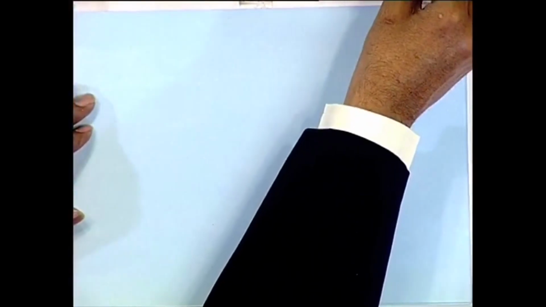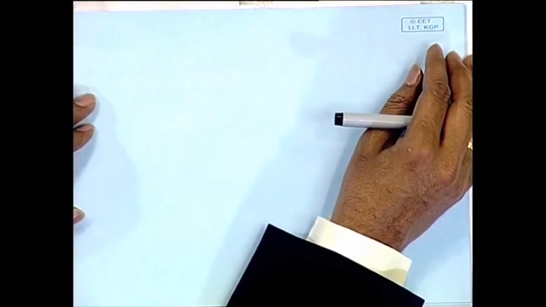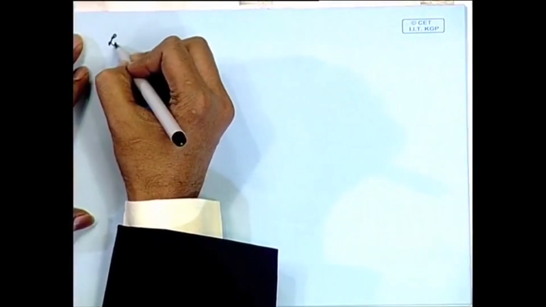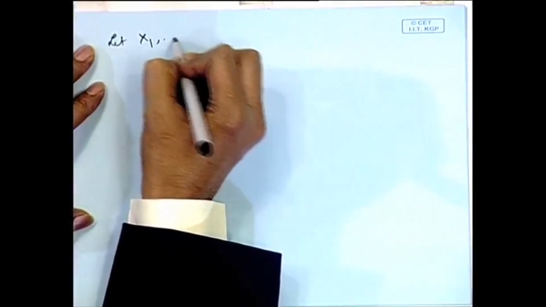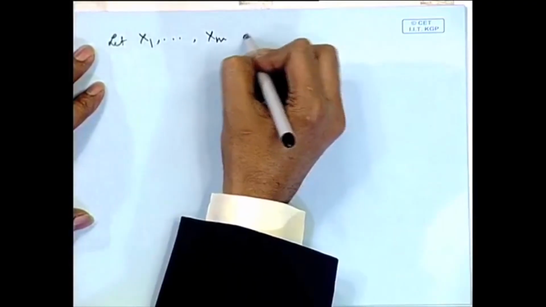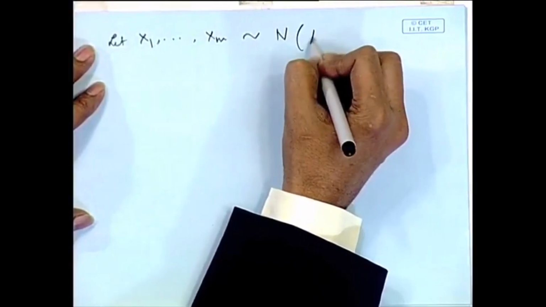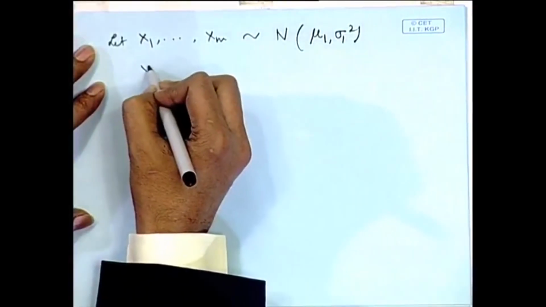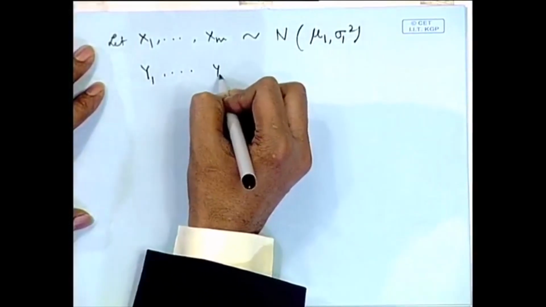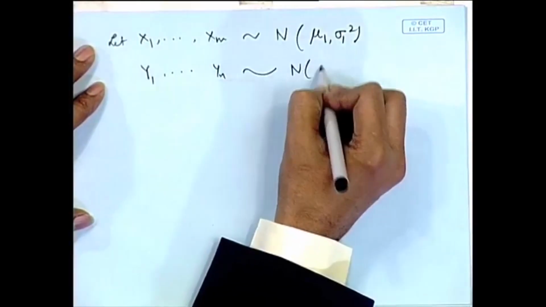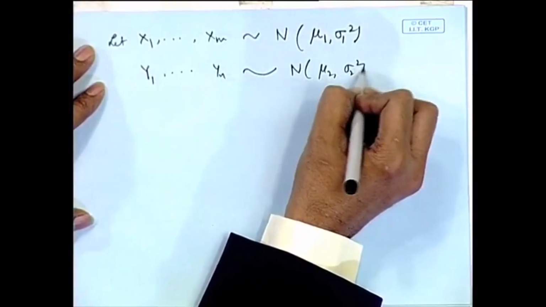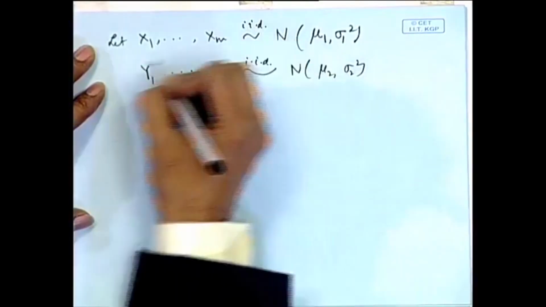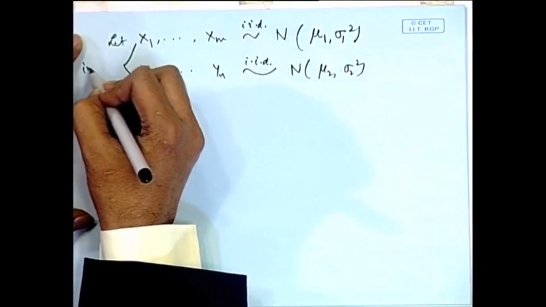Now, we look at how it arises in sampling. If we consider a random sample x 1, x 2, x m following normal mu 1 sigma 1 square, and y 1, y 2, y n a random sample from normal mu 2 sigma 2 square, and I also assume that these samples are taken independently.